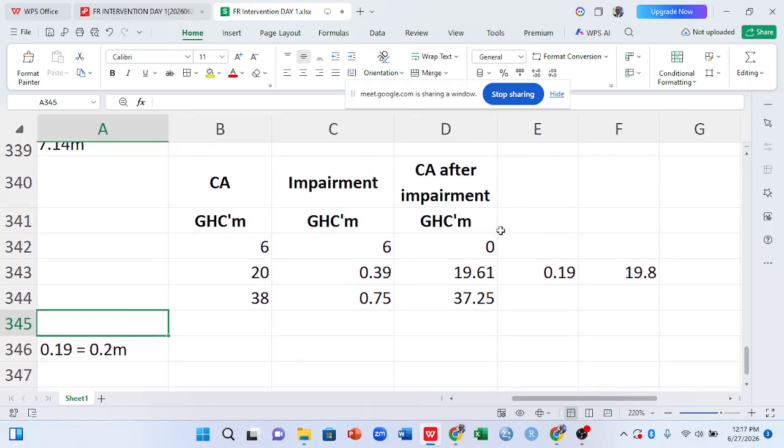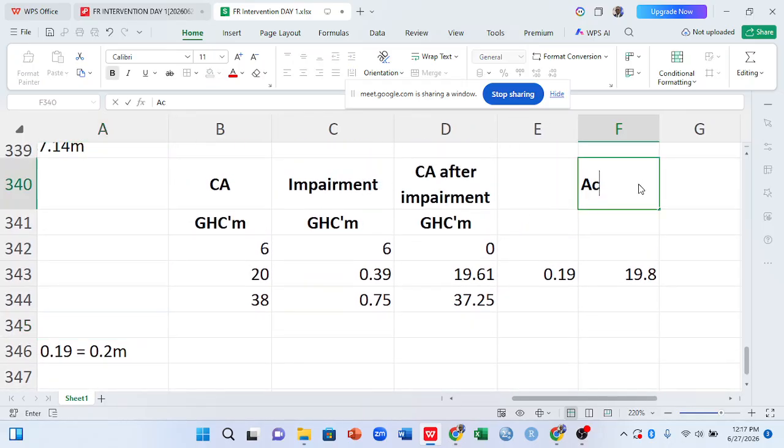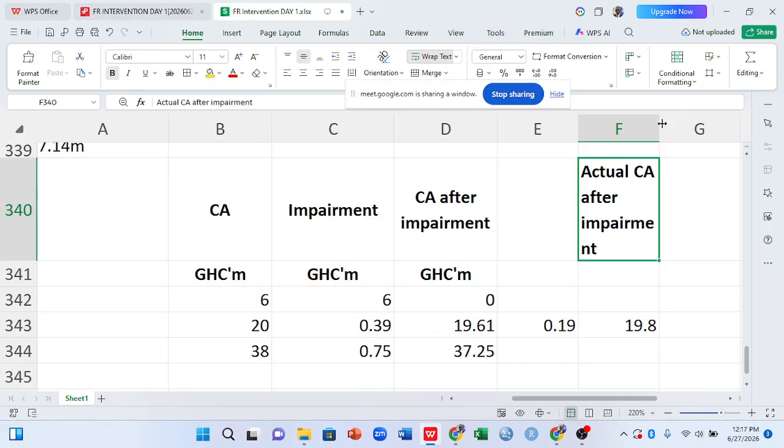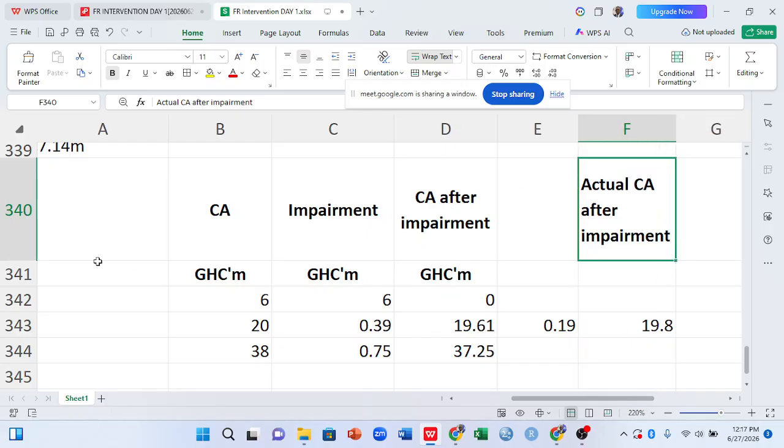So our actual carrying amount after impairment should be this. We are supposed to reverse some portion of that. That's what we have done. But the question is, you are going to reverse it into what?